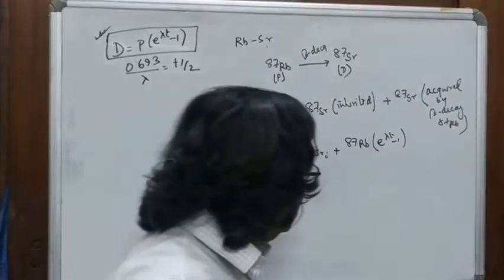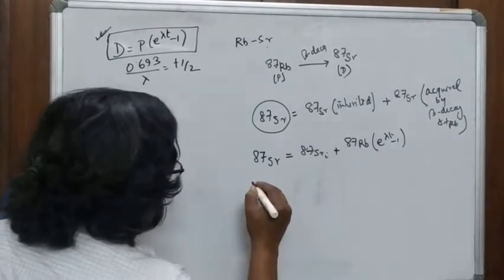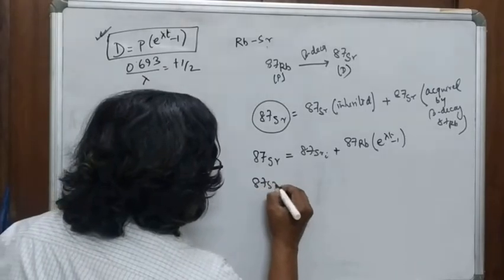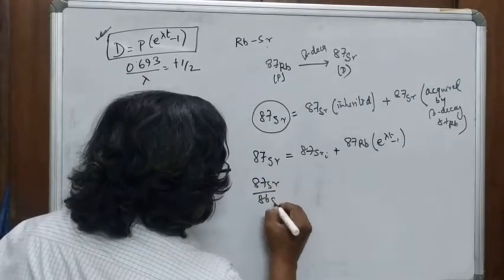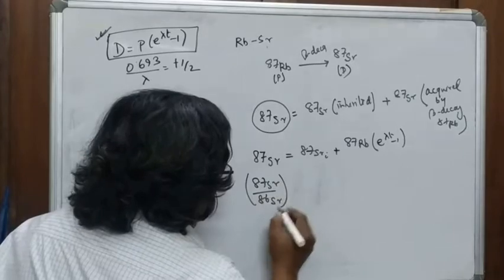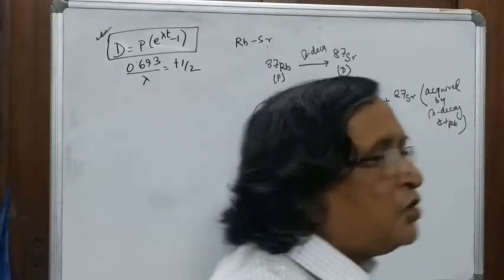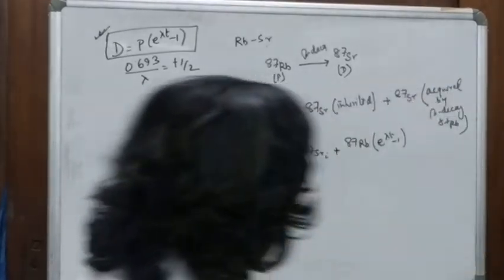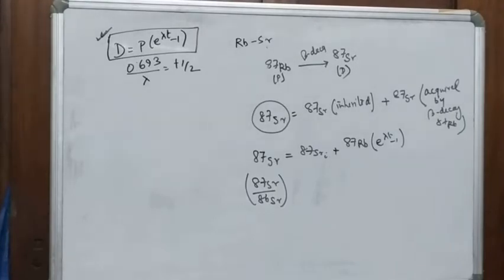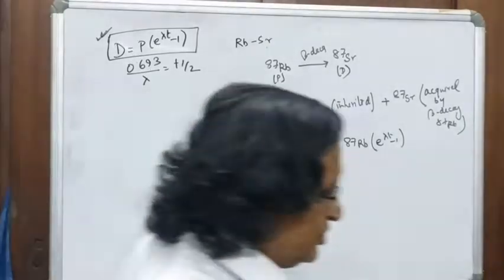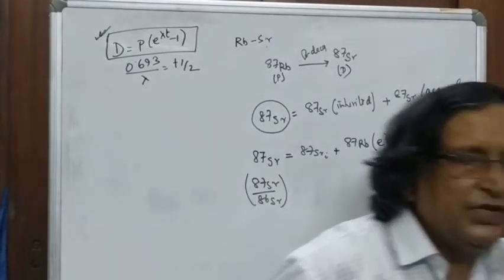Now we normally divide this by 86 strontium, and 86 strontium is non-radiogenic. That means it has not changed its concentration since the Earth acquired it.